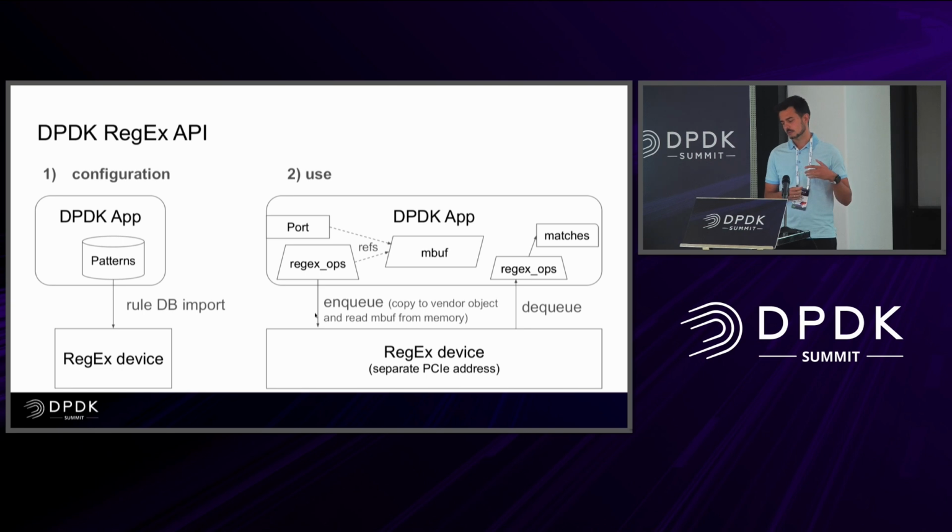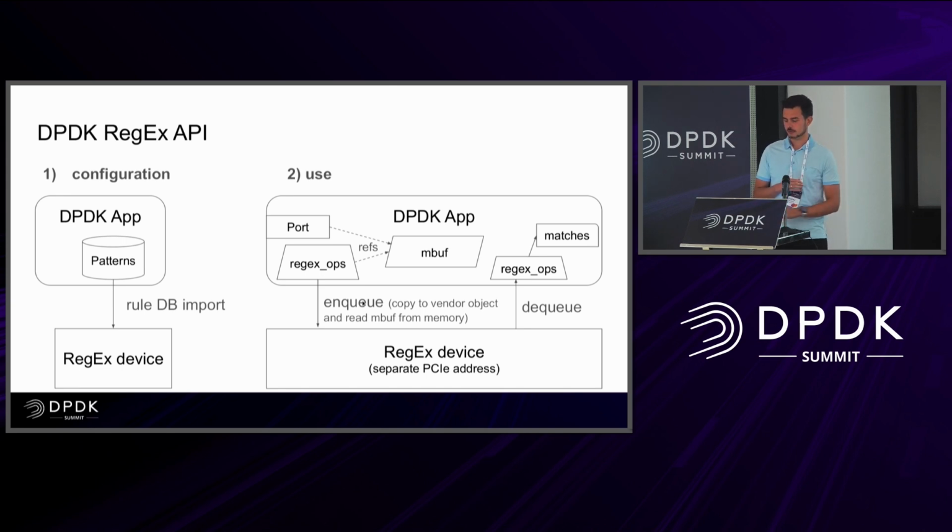What I would like to highlight here, and what was a bit confusing for me at the start, is that when you transmit an mbuf to a port, or you are enqueuing an object to the rte ring, you should be losing reference to the object. But these regex ops are just helper objects.